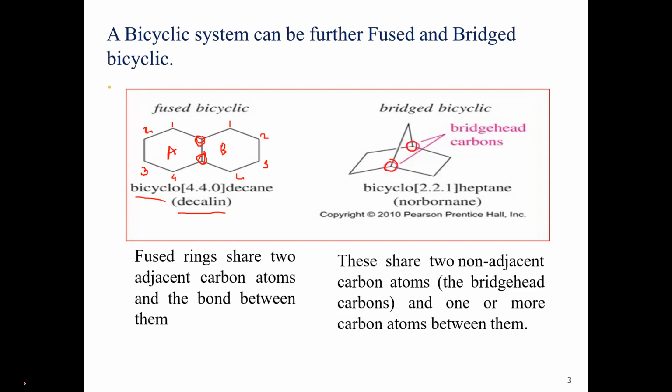In bridged bicyclic compounds, the compound is bicyclo[2.2.1]heptane. This is norbornane. The bicyclic compound has 2 bridges, this one and this one, each with 2 carbon atoms, and the third bridge has 1 carbon atom.